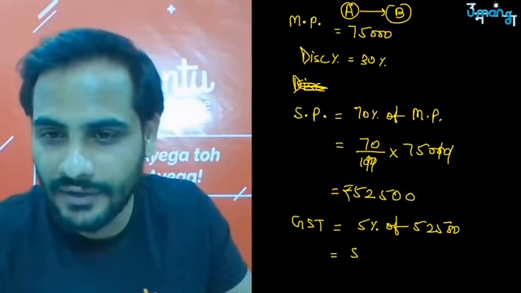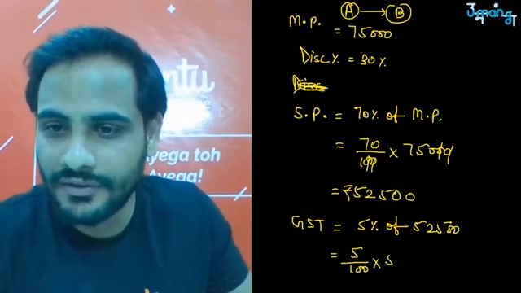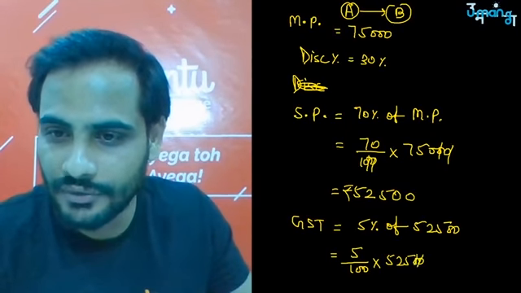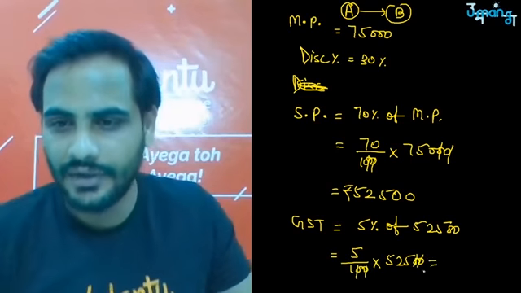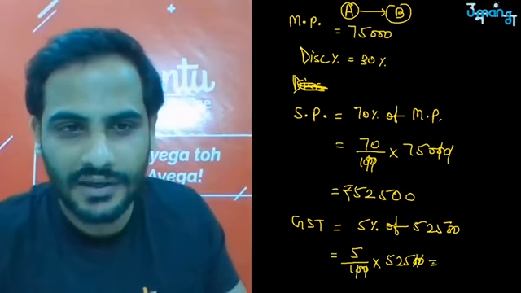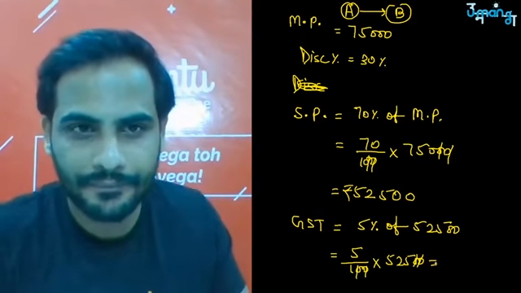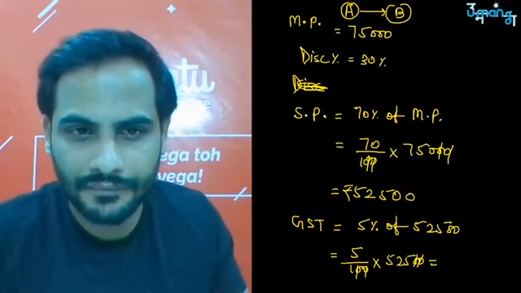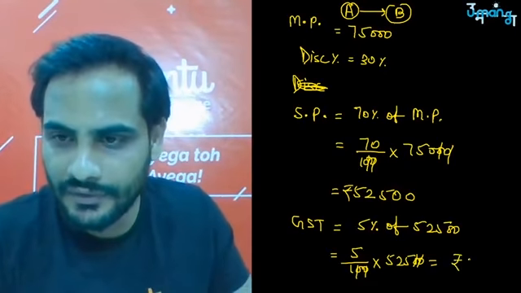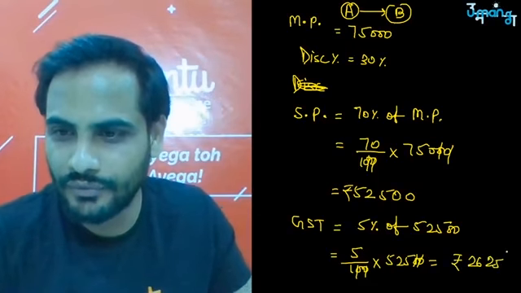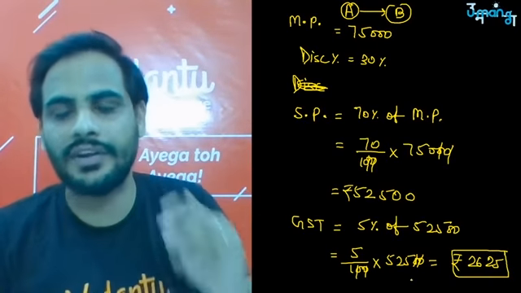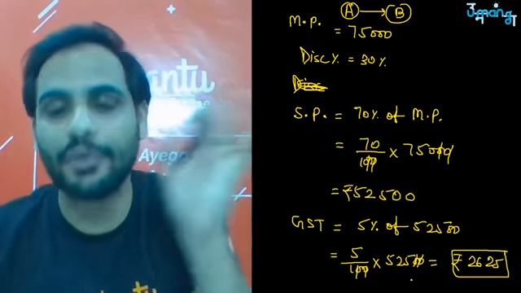So you'll be getting 5% of 52500. This cancels with this, so 525 into 5 is rupees 2625. Got it? So this is my input tax.